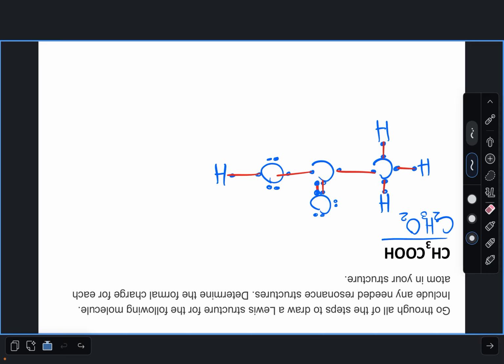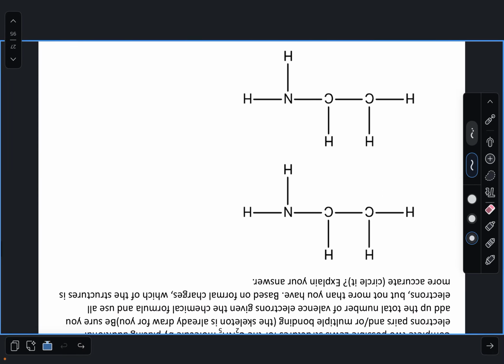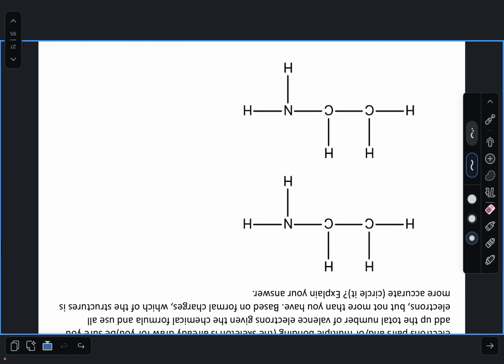All right, last one is this structure down here. I am going to actually complete the two structures. I want you to first tell me which one you think is right. And then I want you to assign formal charges to the main atoms, the carbons and the nitrogen. And then we're going to talk about how formal charge proves which one is right.